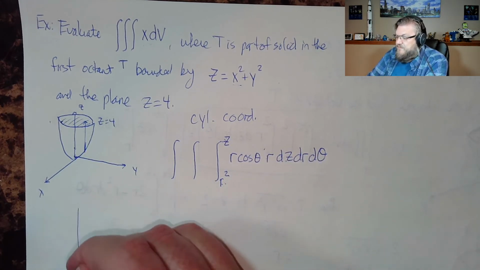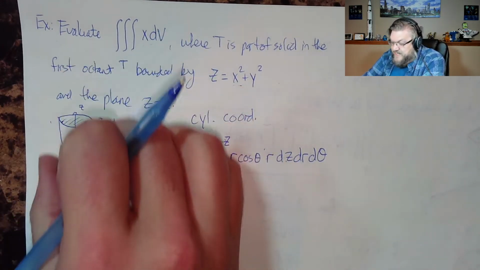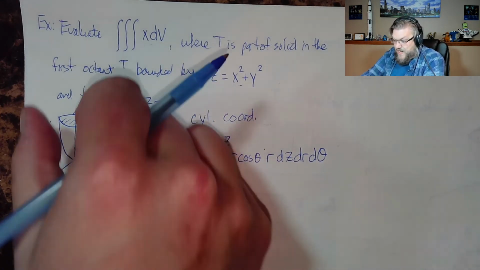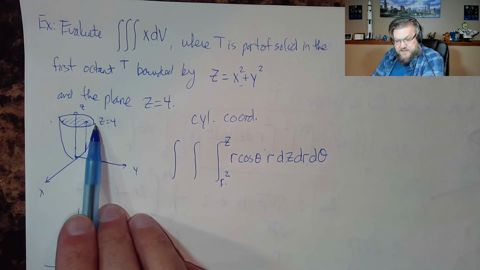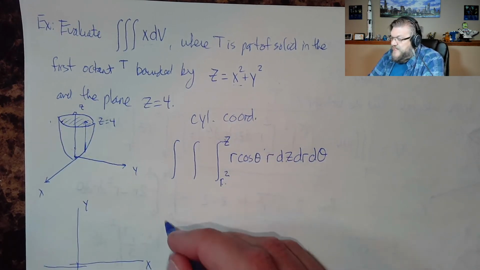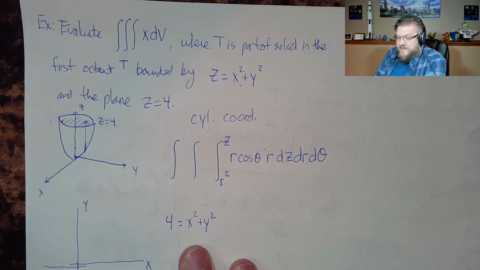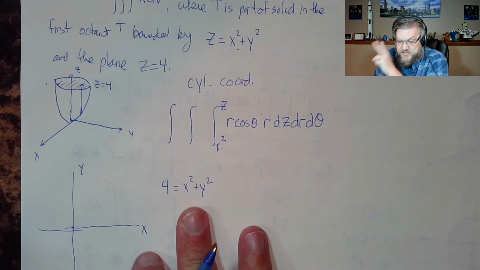Now I just need a picture in the xy plane. All right, I'm going to project this down. So this is going to be the widest part. The widest part is when this bowl intersects z equals 4. In other words, I need to look at 4 equals x squared plus y squared. Now that is a circle of radius 2, right? Do you see that?